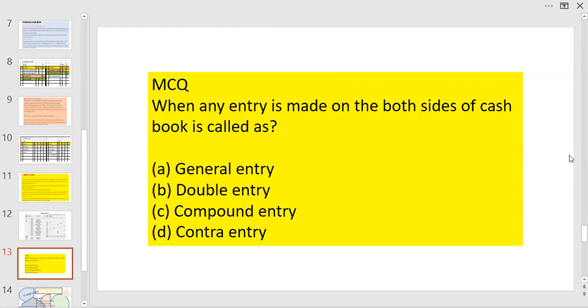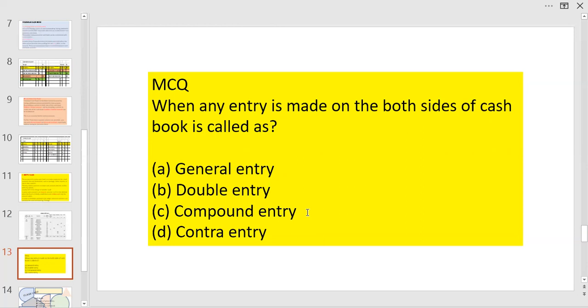When any entry is made on both sides of the cash book, it is called general entry? General entry means the normal entry, such as, say, rent paid: credit cash book, debit rent account. This is a normal entry, general entry. Double entry is the name for the system that we follow. Compound entry is a journal entry where more than one account is involved.